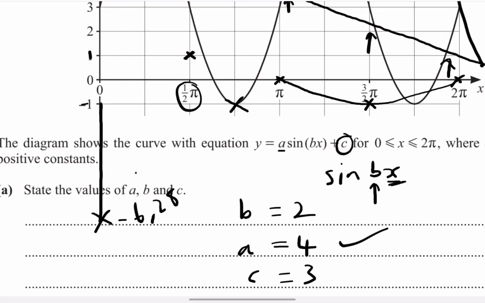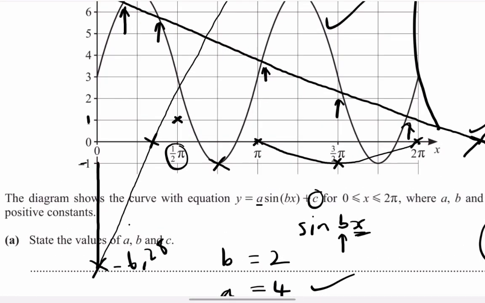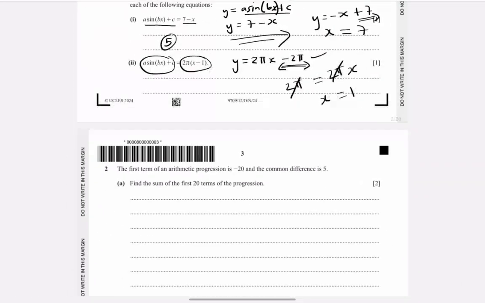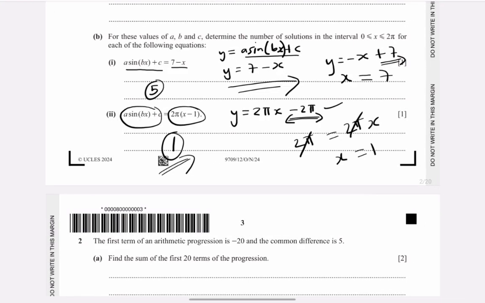So 1 is somewhere here, and if we join the 2 points, we can see that line cuts through the curve at only 1 point.